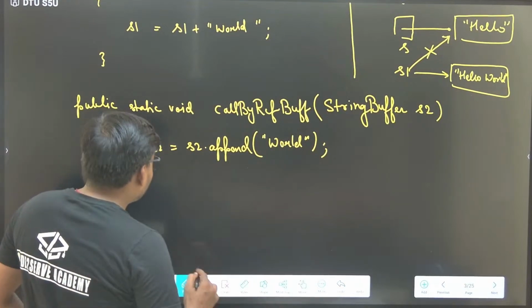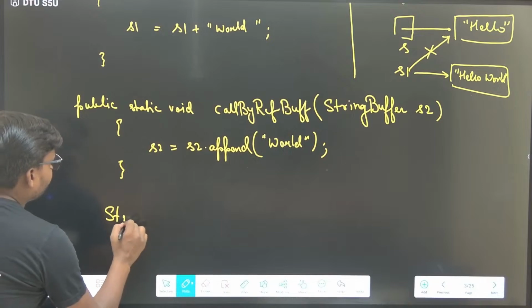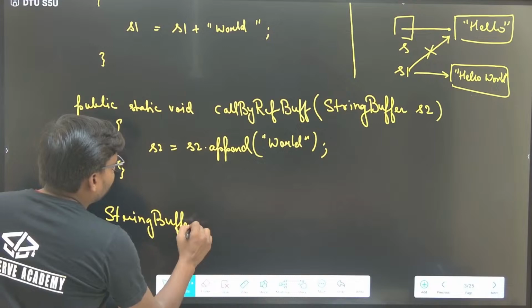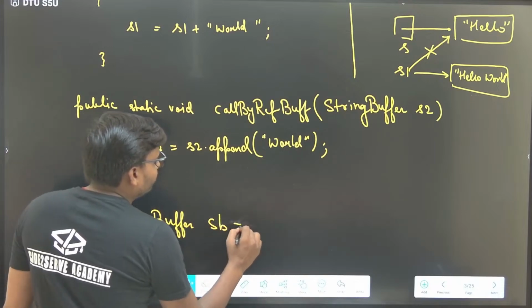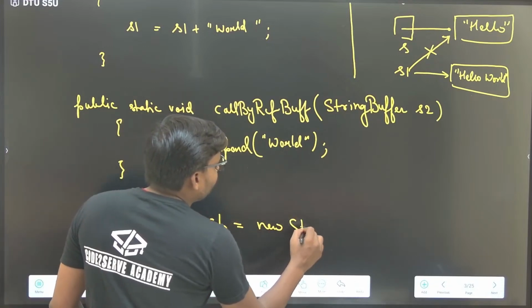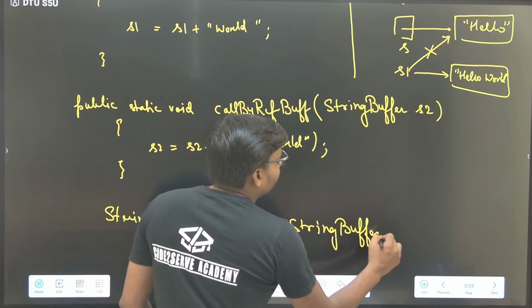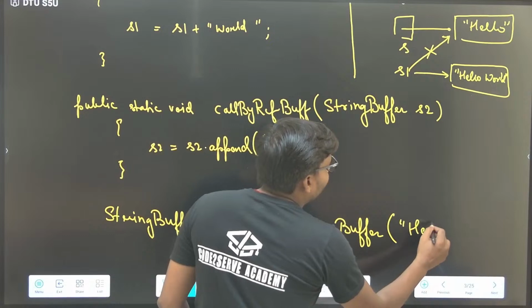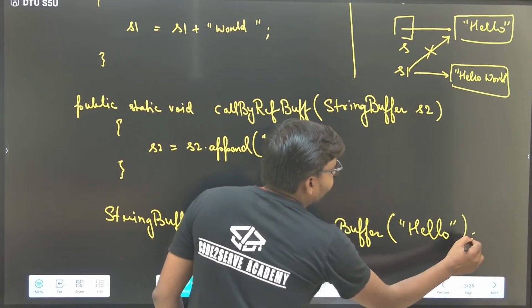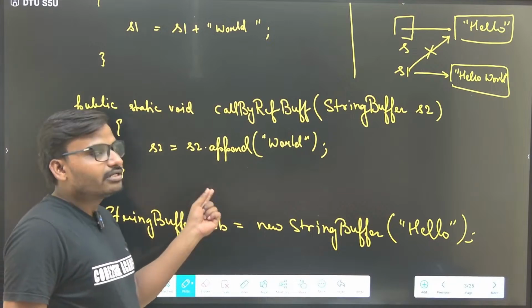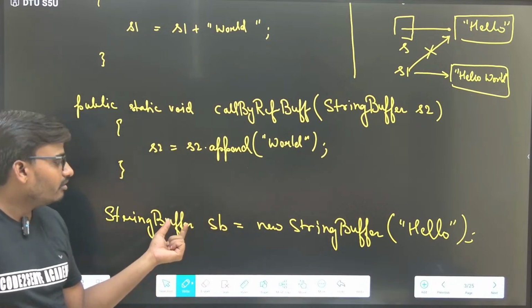Now I say there is StringBuffer SB is equals to new StringBuffer, and I pass hello to it. Now you see, one variable is created in the memory with SB.